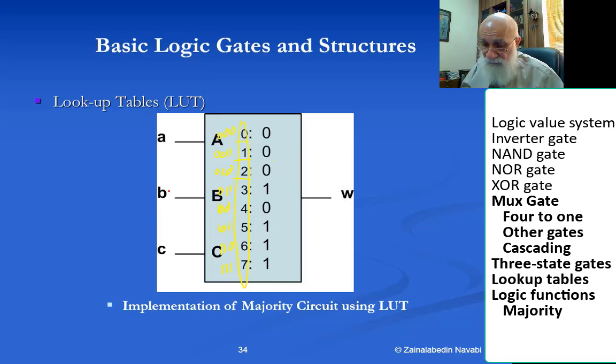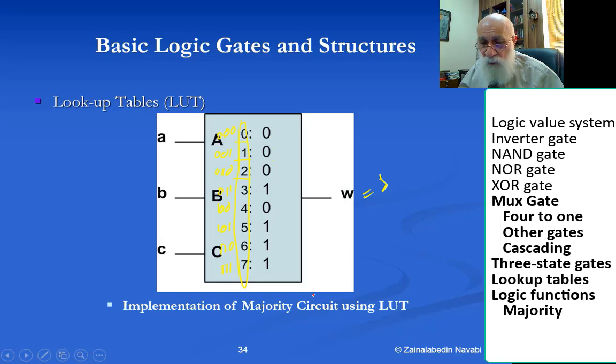This particular lookup table, W is 1 when ABC is 011, 101, 110, or 111. What logic exactly am I following here? Let me think about it a little. All right.